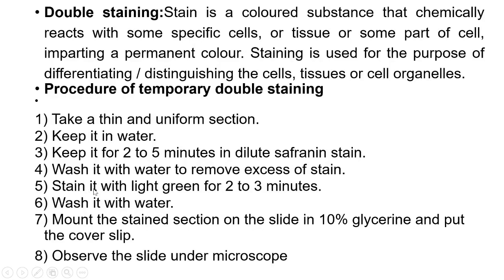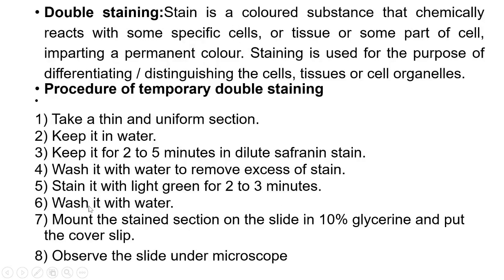Then the second stain is nothing but the light green. After washing with water, we have to place the section again in light green or fast green for 2 to 3 minutes.